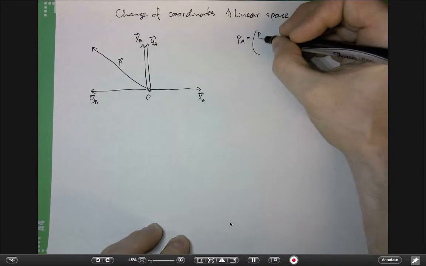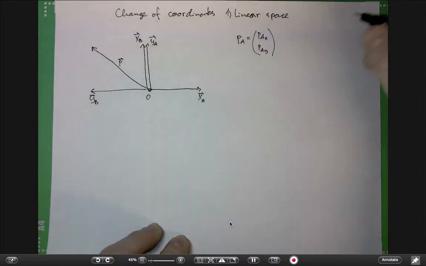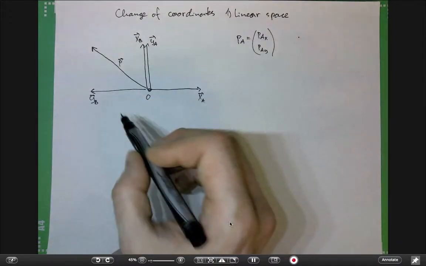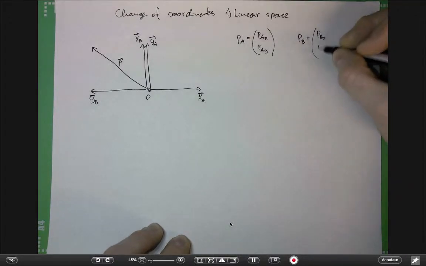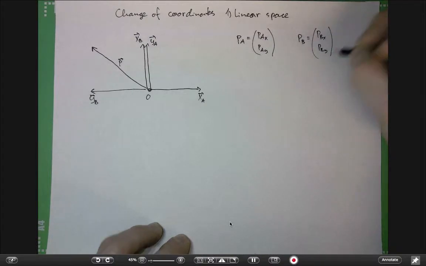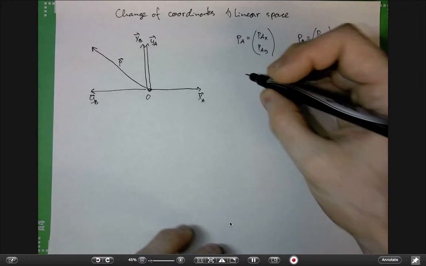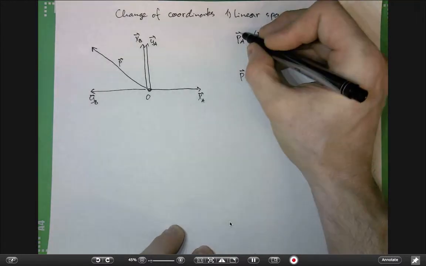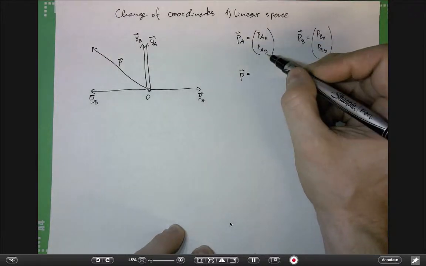The coordinates of p with respect to the basis A would be pAx, pAy, and with respect to B would be pBx and pBy, right? Those are not vectors, those are scalars. That's why I don't give them an arrow.